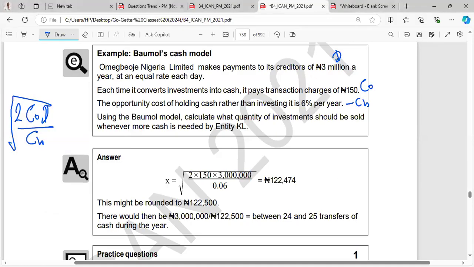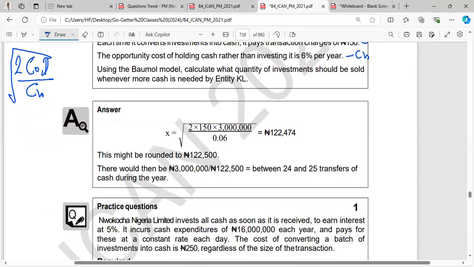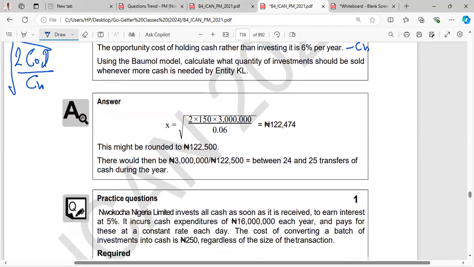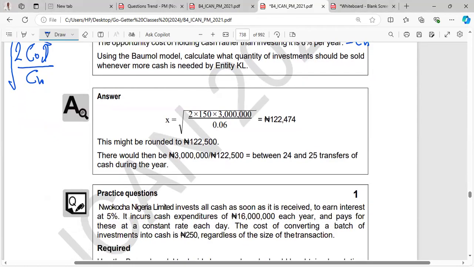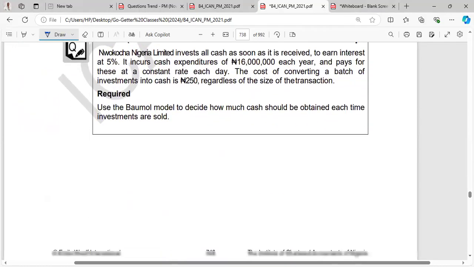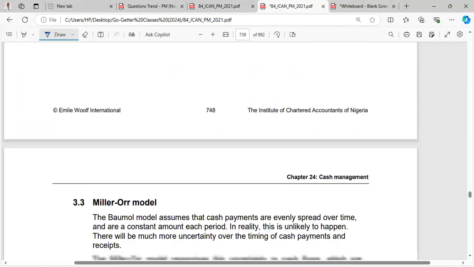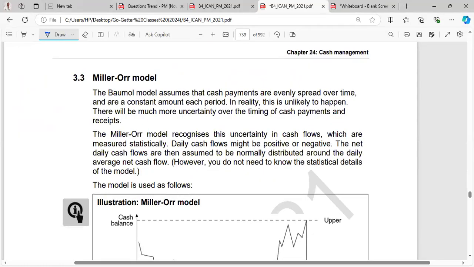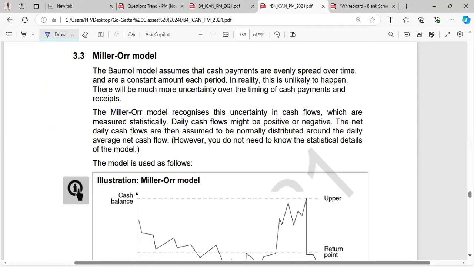Now that's the Baumol model. We're not going to talk much about it. Now in the Miller-Orr model, the model recognizes uncertainty in cash flow.